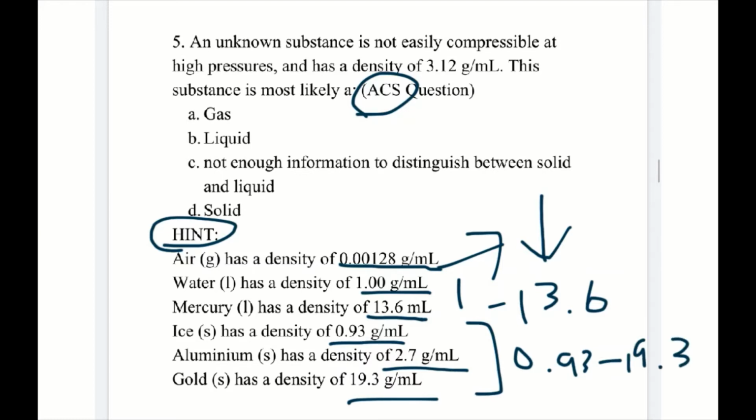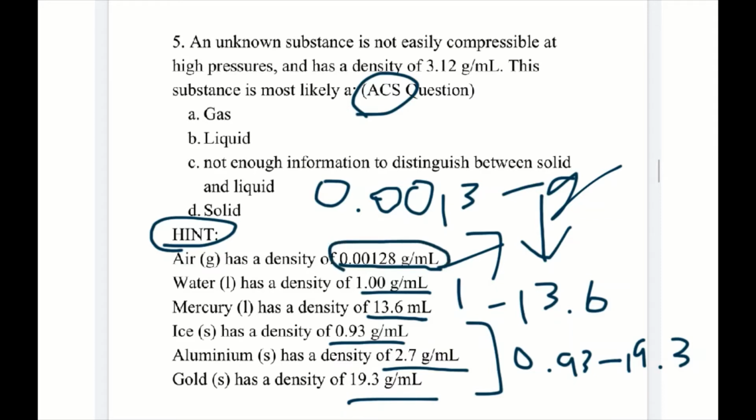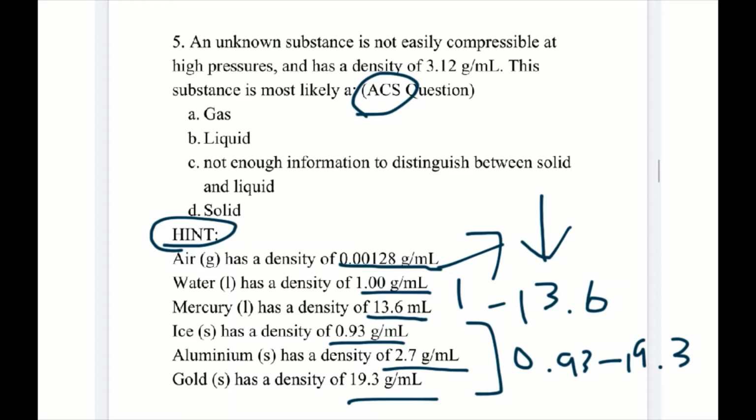So my question to you is, is density a good indicator of the state? Well, the answer is yes and no. If we have a density like 0.0013, we can most likely assume this is a gas, since gases tend to have densities that are less than 1 or 0.1. Now, what if I gave you another density? So what if I said that the density of an object was, hey, look at that, 3.12.